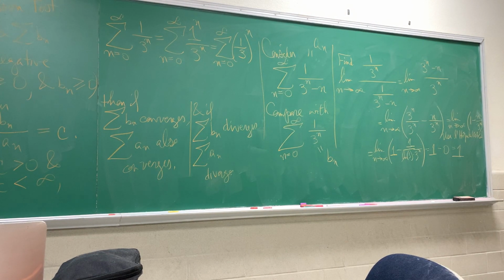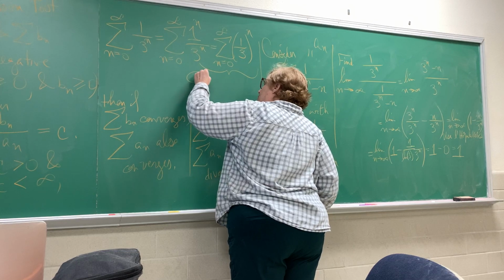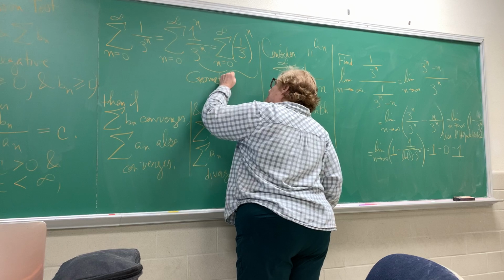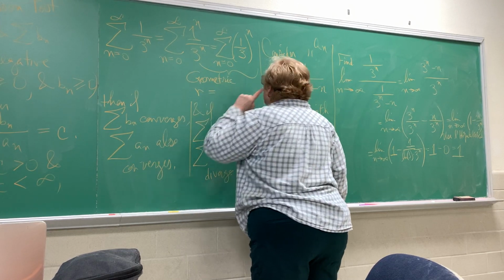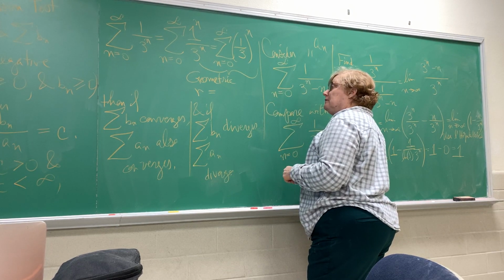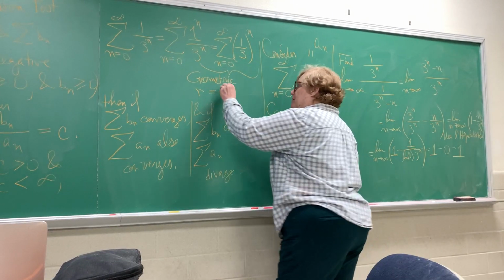And what kind of series is that? If I have a number raised to a power, is that geometric? That's exactly right. So this is geometric. And here, what is r? What is the number being raised to the power? One-third.